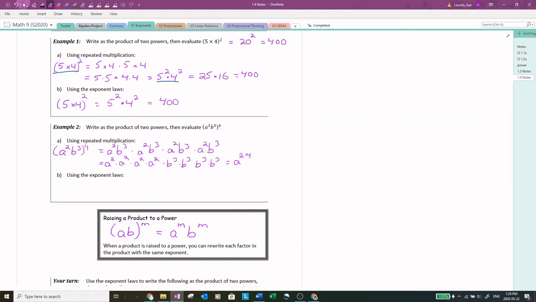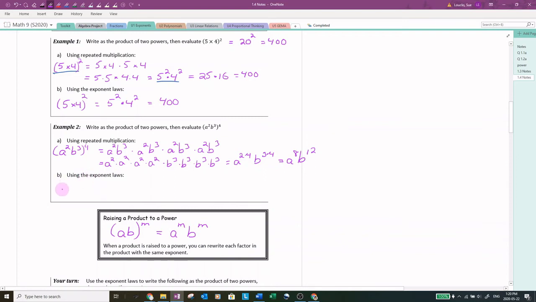Actually, I could write it as 2 plus 2 plus 2 plus 2, and then b to the 3 times 4, or 3 plus 3 plus 3 plus 3. Either way, I end up with a to the 8, b to the 12. But that was really tedious, so let's just use the exponent laws.